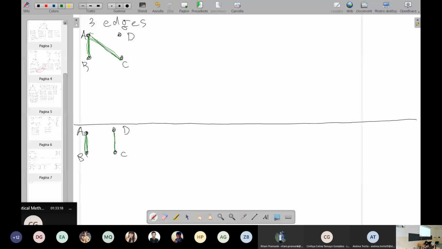Here are the ones we had. Now, don't forget, all possible edges are here. So now, two are already fixed, and so we can add one edge in some different ways. What are the edges we are left with? Let's see. So in this case, we are left with this, with this, this, and this.